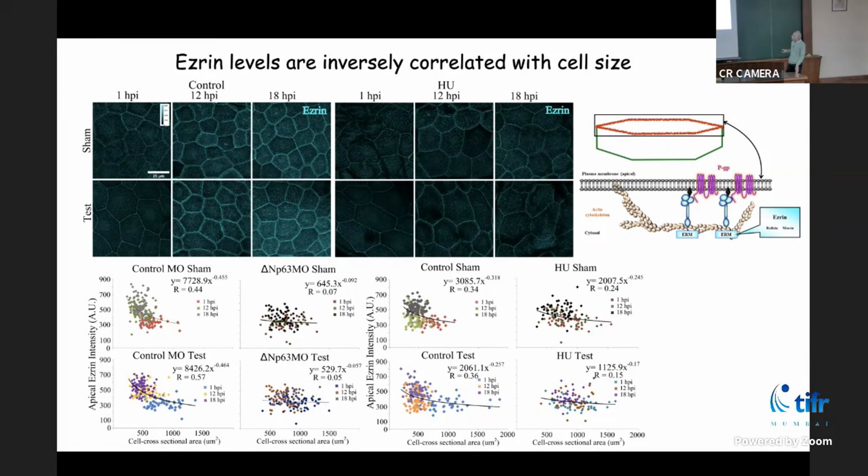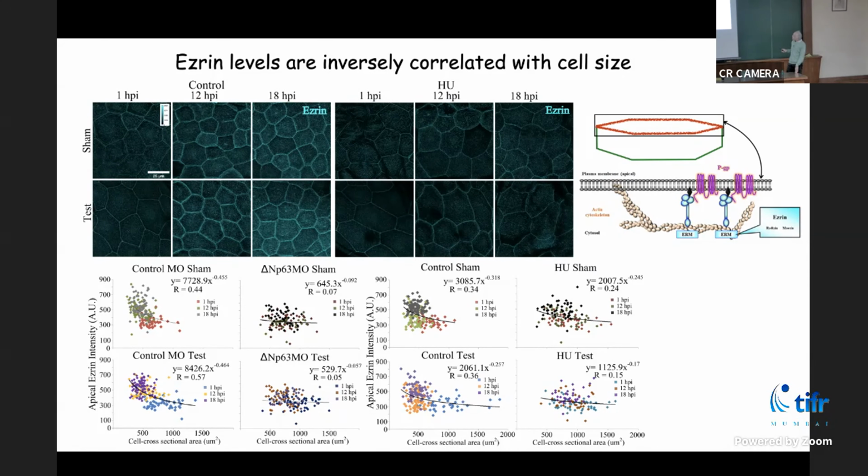And we realized that in the control embryos, during normal development, cells to begin with are slightly larger, and then they become small. And as they become small, you see an enhancement of the levels of ezrin. But if you now inhibit the proliferation, this doesn't happen, right?